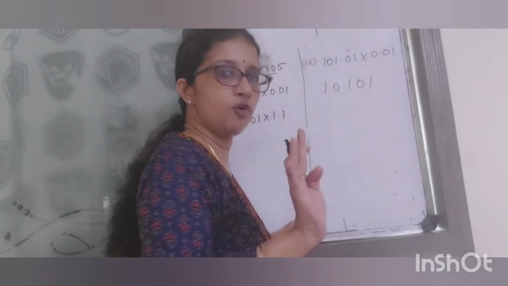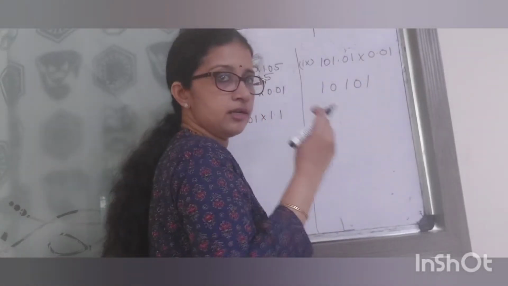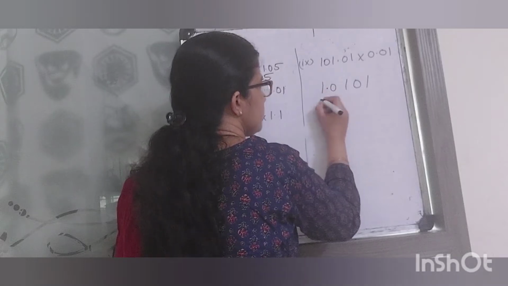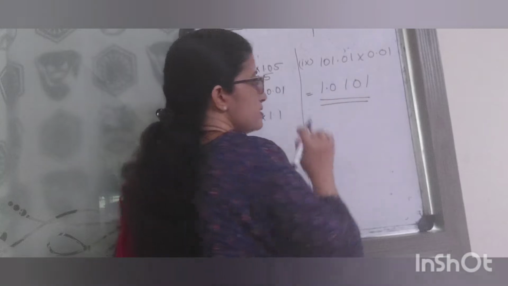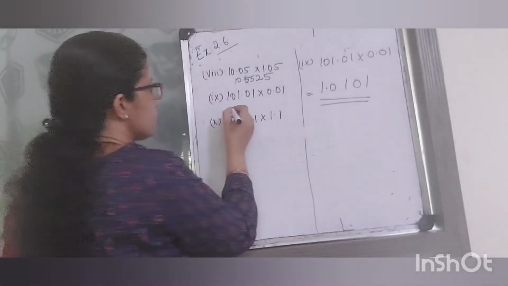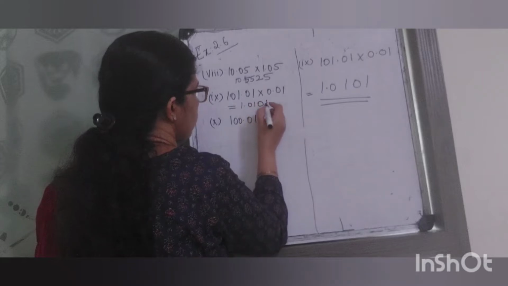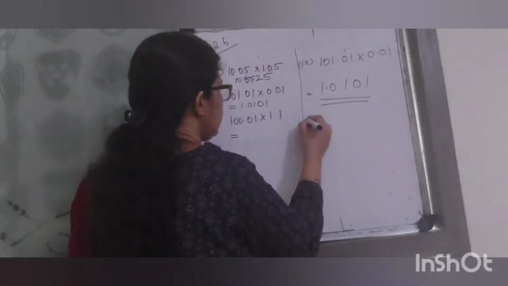So totally 4 digits. Now 4 digits should be there to the right hand side of the decimal point. So where should we put the decimal point? Here. So the answer is 1.0101. Okay. Now let's take the last question, which is the 10th question.